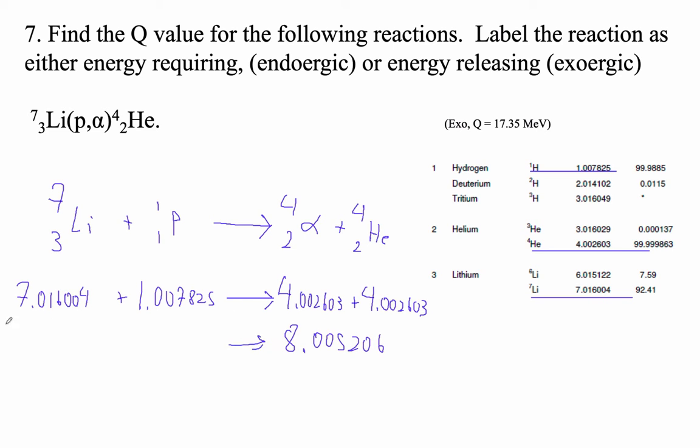And then let's look at the mass on the left side. 7.016004 plus 1.007825. This is getting crazy here. So this is 8.023829. Notice that there's less mass.